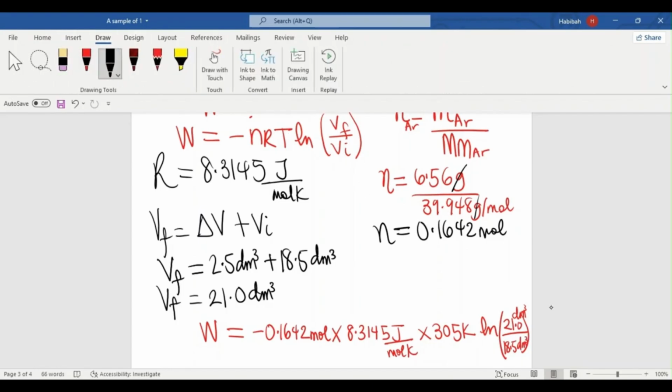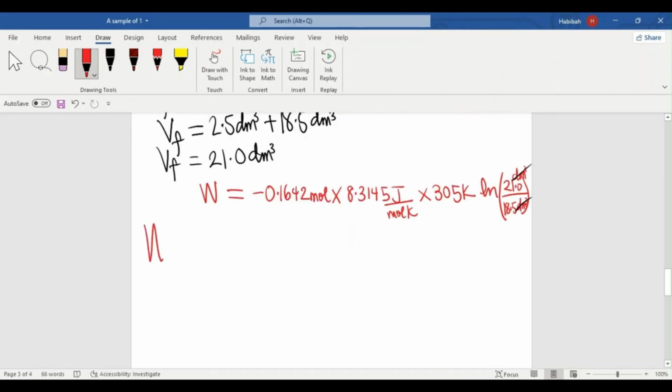The dm cubed cancel out. So W equals negative. We're going to cancel out all the units that we're not using, because normally the unit for work is joules, so we want to make sure everything is in joules. So cancel out moles and kelvins. Now we just have negative 0.164 times 8.3145 joules times 305.